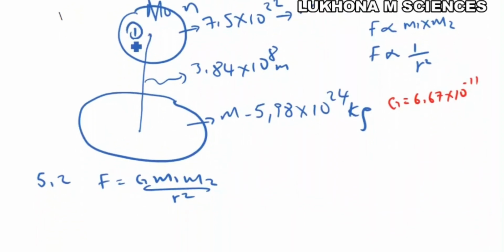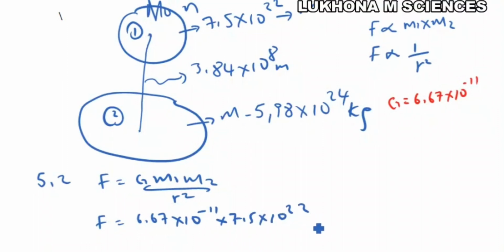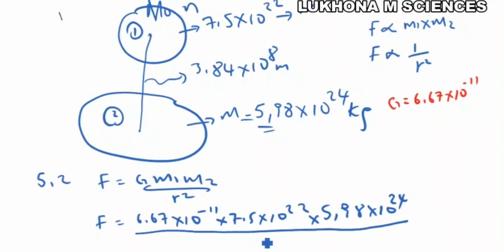F is equal to G, which is 6,67 times 10 to the power negative 11, times the first mass, 7,5 times 10 to the power 22, times the second mass, 5,98 times 10 to the power 24. Everything is divided by the distance between their centers, this is center 1, this is center 2.